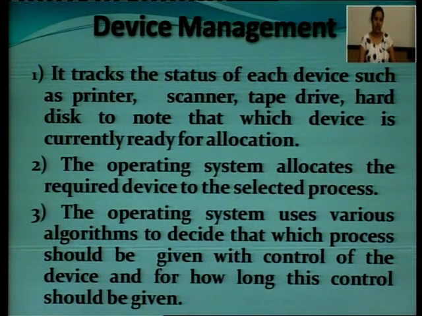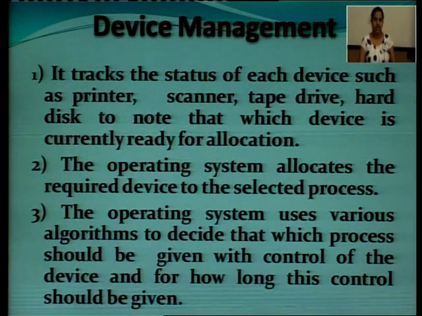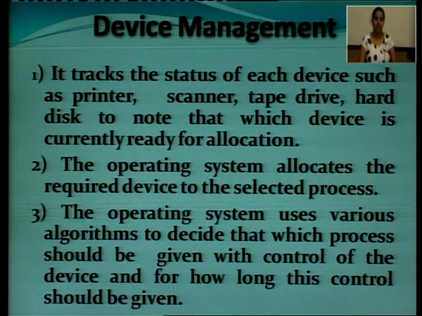So first is device management. It tracks the status of each device, such as printers, scanners, tape drives, hard disks, to note which device is currently ready for allocation. Today we have multitasking and multiprogramming going on, so multiple tasks are executed at the same time.